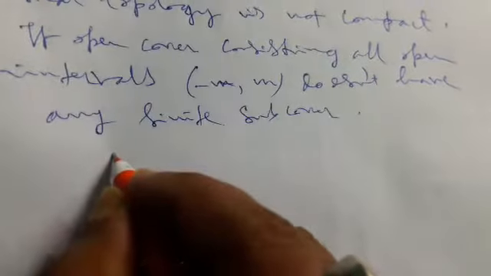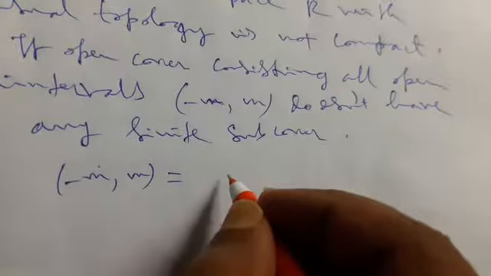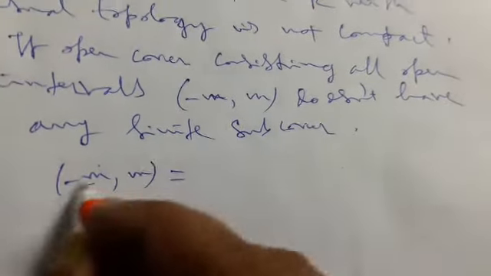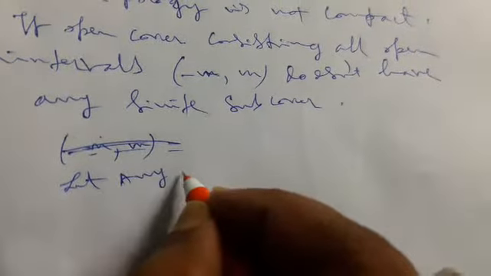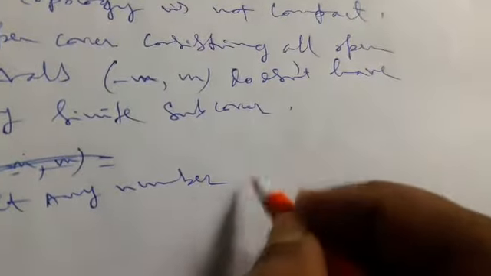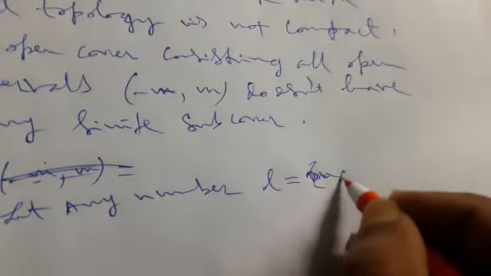If we take this type of interval covering, and take a set of elements like m1, m2, up to mk, then we can easily find intervals (-m1, m1), (-m2, m2) in this way, and whatever the number, say L will be the maximum.